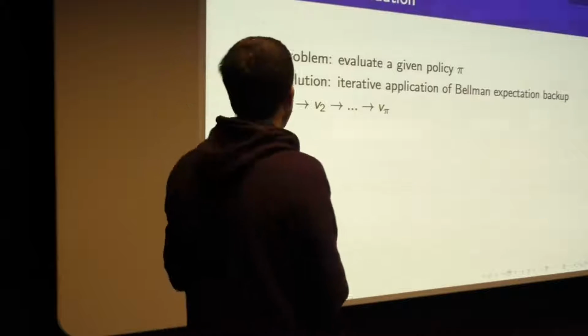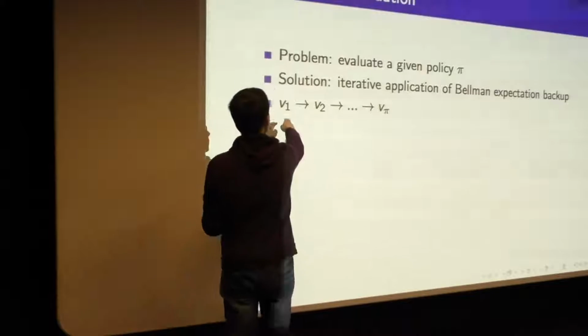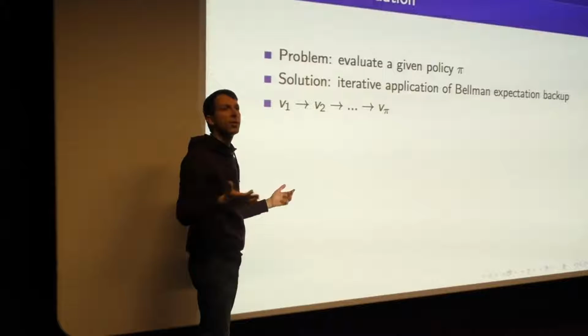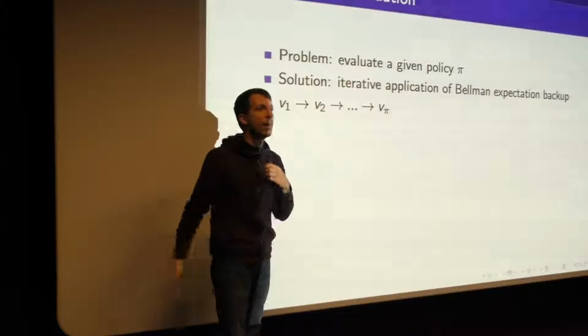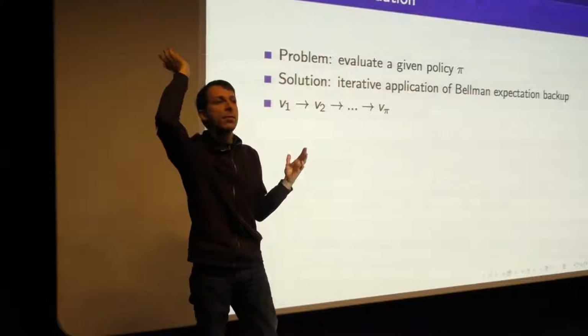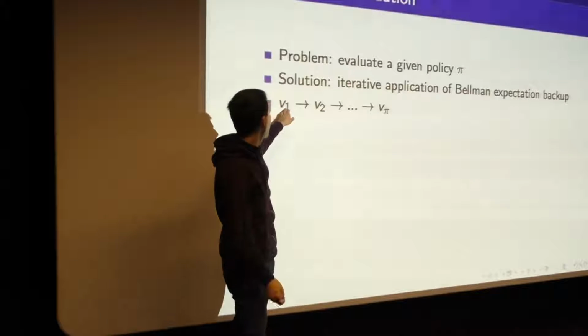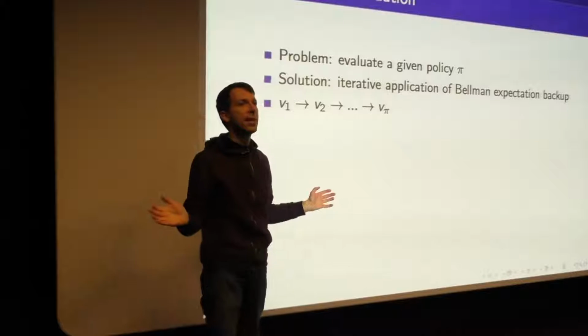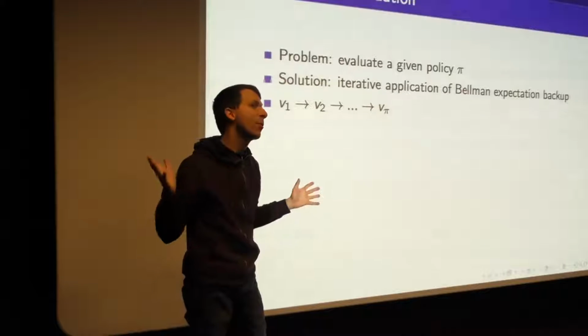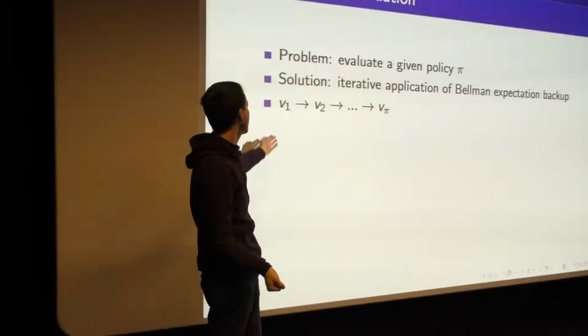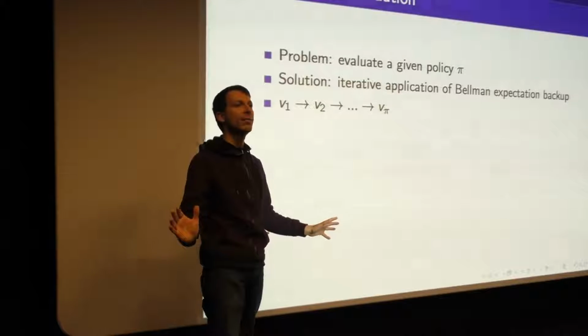So what we're going to do is start off with some arbitrary initial value function, v1. You can think of v1 as a vector telling us the value of all states in the MDP. We're going to start off with some arbitrary initial value, so 0 would be the canonical case. We start off thinking I can't get any reward anywhere.